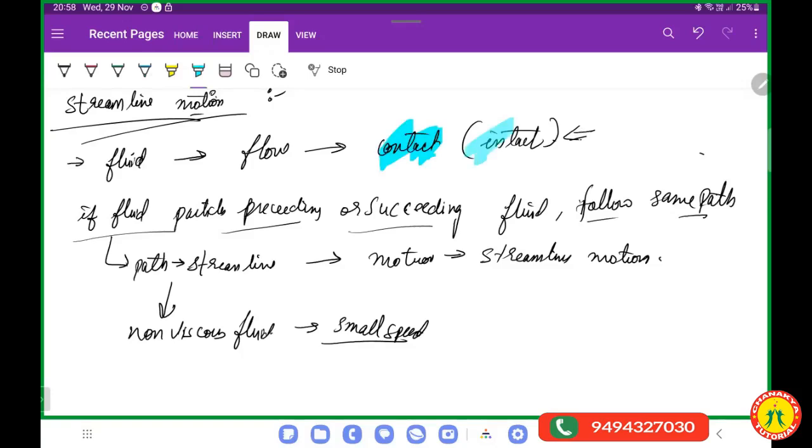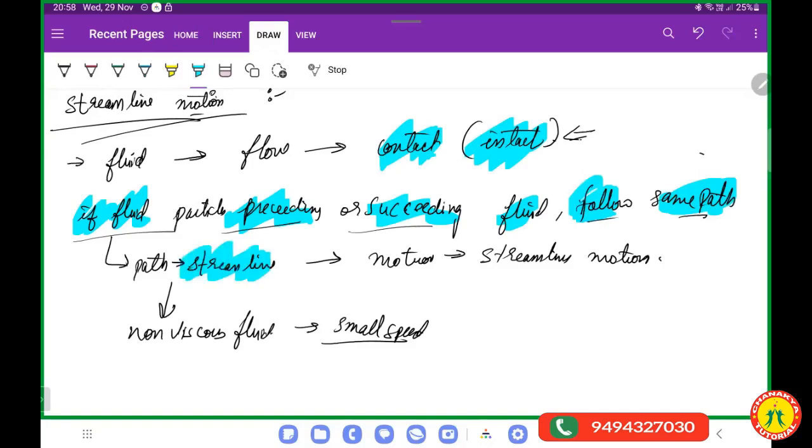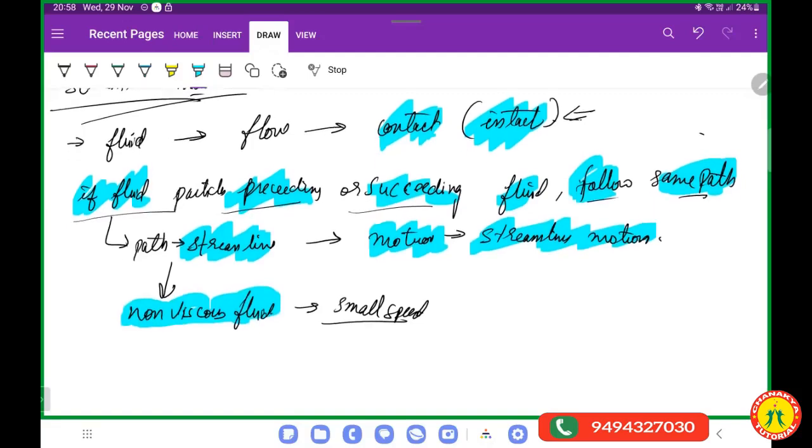Now, if a fluid particle which is proceeding or succeeding the fluid flow follows the same path, that path is called streamlined path, and that motion is called streamlined motion. It will be done in non-viscous fluid. That is what about streamlined motion.